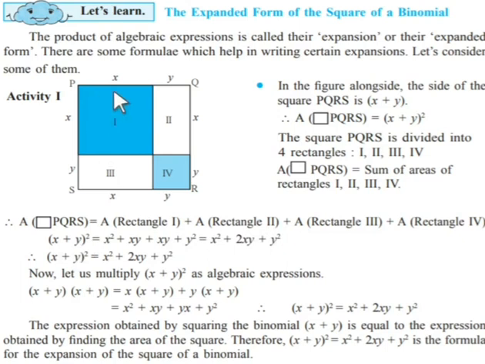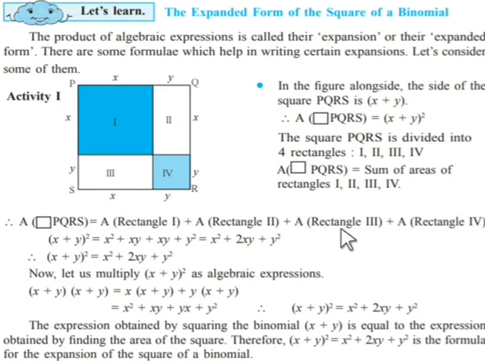If you see the first part here, the side is x, that is, it is a square having side x. And therefore the area of part 1 will be x square, that is, the area of rectangle 1 is x square. Now the area of rectangle 2. Here it is a rectangle having length x and breadth y. Therefore the area of part 2 will be x into y, that is xy. Similarly, the area of part 3 is also xy, as it is a rectangle having length x and breadth y.